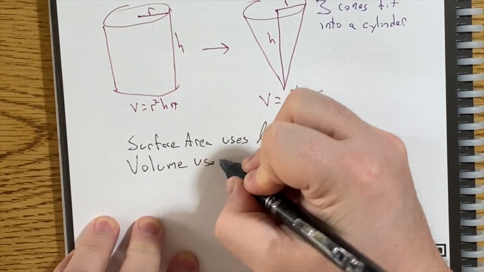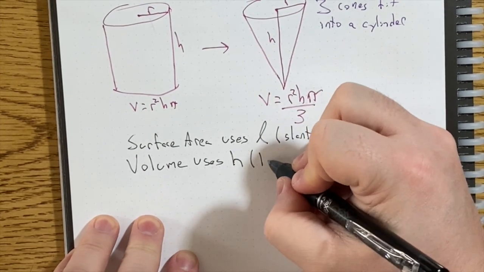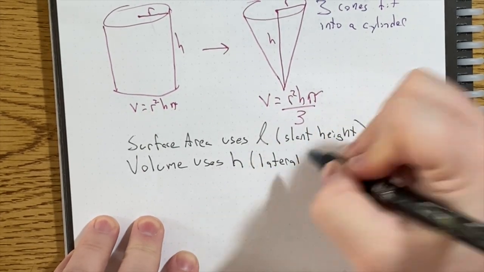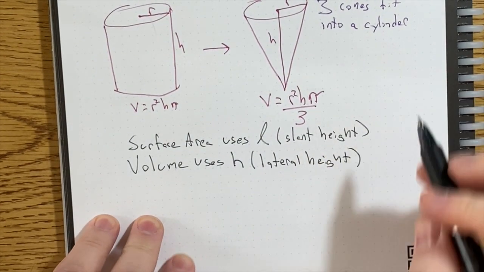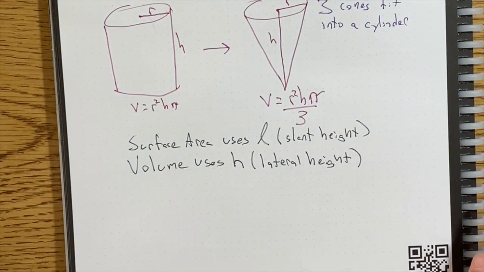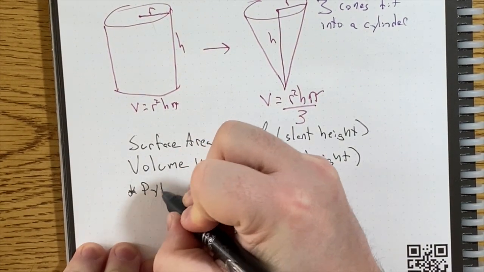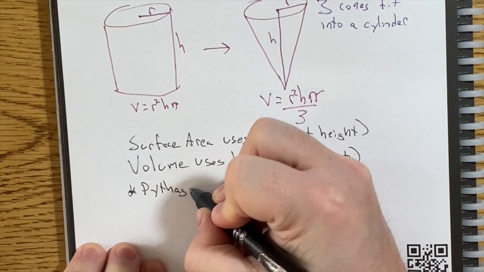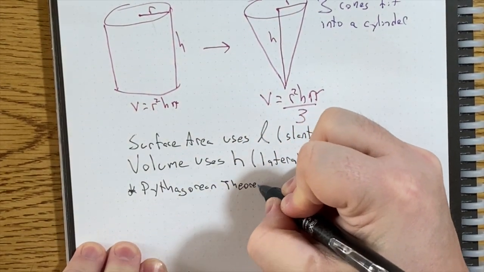Volume uses normal height, or what we sometimes call lateral height. So just don't get those confused because they use different things. Also, you might have to use the Pythagorean theorem depending on what information you were given.